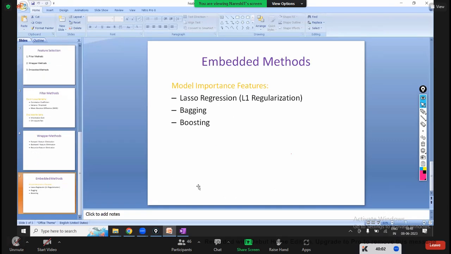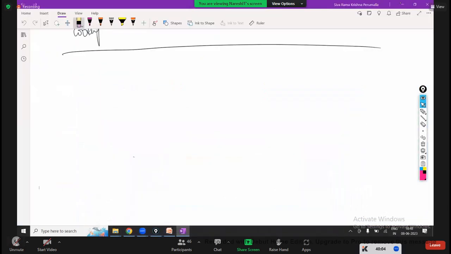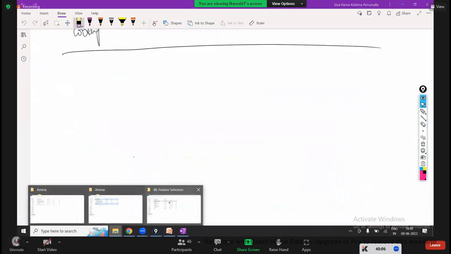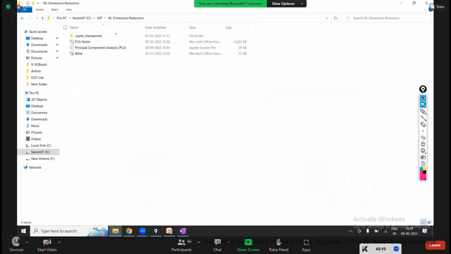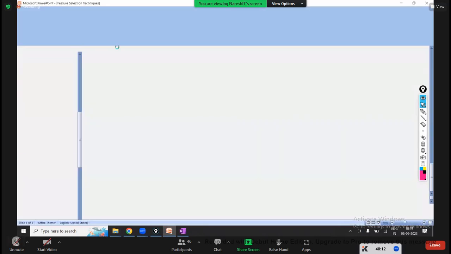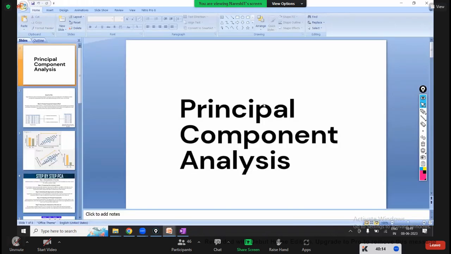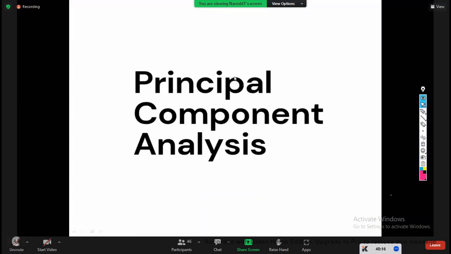The next one we have is called feature extraction. This is feature selection. The next one is feature extraction. That is PCA. Feature extraction is nothing but PCA, principal component analysis. Using this technique also, we can remove the unimportant variables.